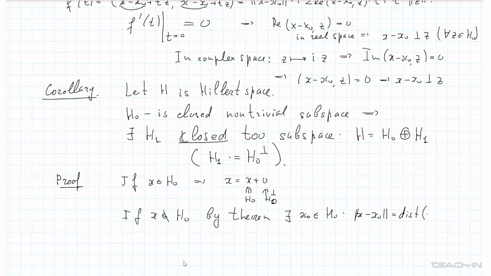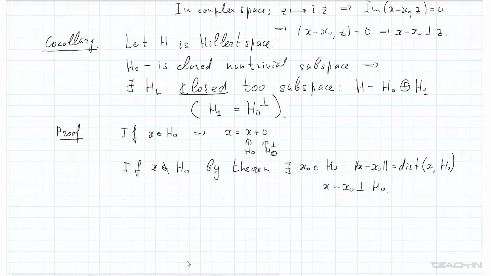For our situation, it is not important that it is just a distance, but important that this vector is orthogonal to H0. So define x1 as this, and we obtain that x equals to x0 plus x1.